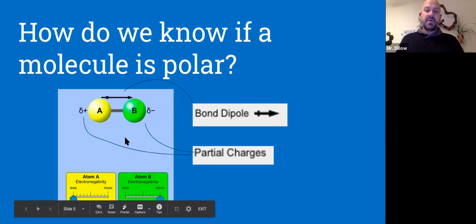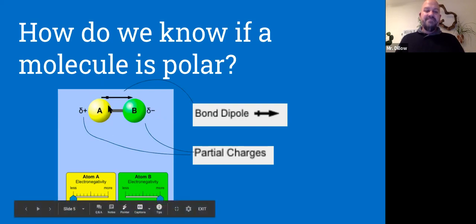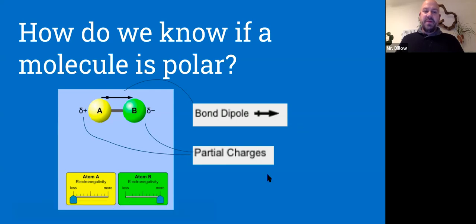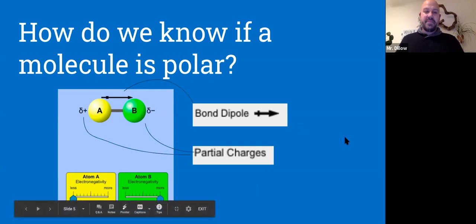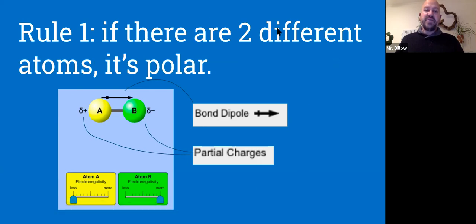And there are also little delta symbols that show that the more electronegative atom has more electrons, so it's slightly negative, and the less electronegative atom has a partial positive. So rule number one is if you have two atoms and they're different in electronegativity, then it's polar.